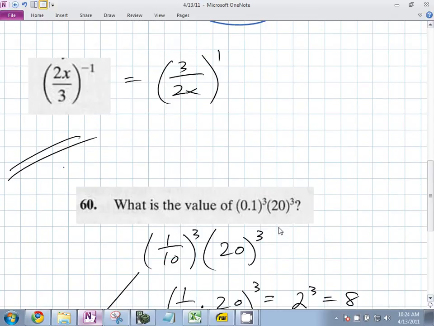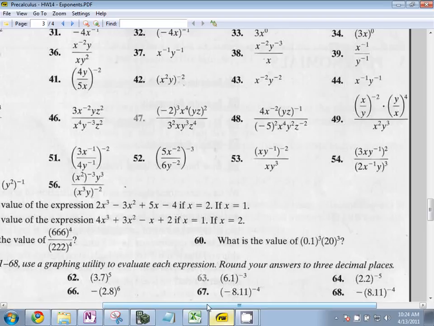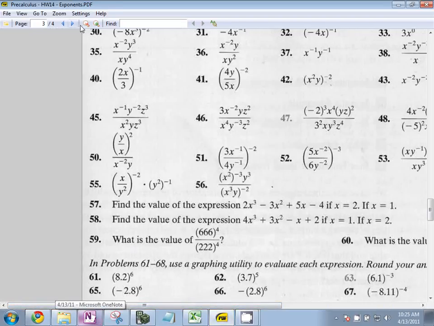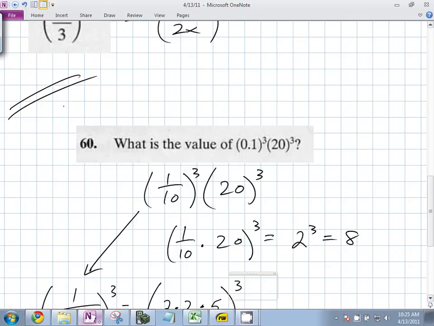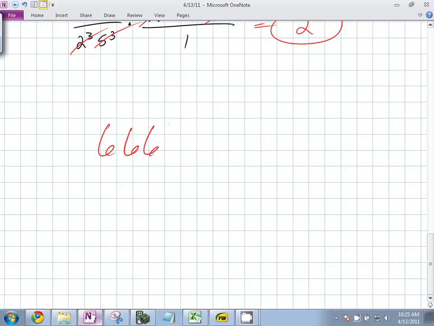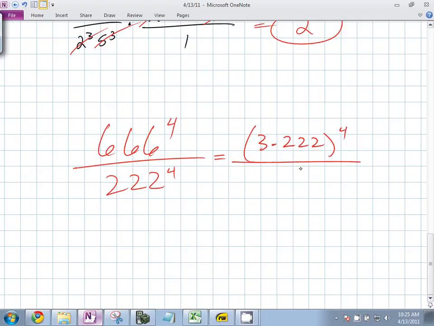What about 59? Is that what you said? Yeah, you got to be real careful. What, 666 to the fourth, 222 to the fourth? That's exactly what we just did. That's good. 666 to the fourth over 222 to the fourth. So that's 66. What is 666? 3 times 222 to the fourth over 222 to the fourth. What do you do with that exponent on top?